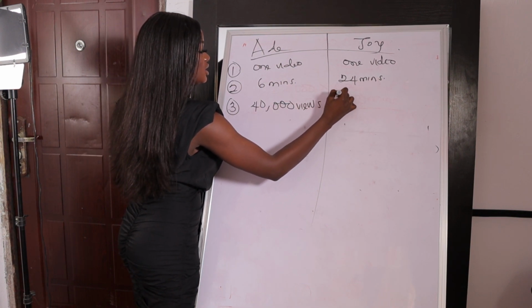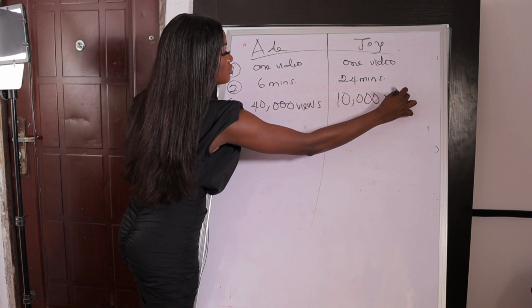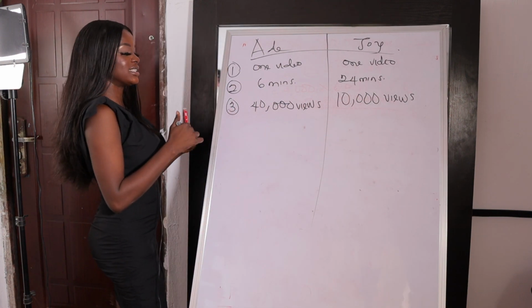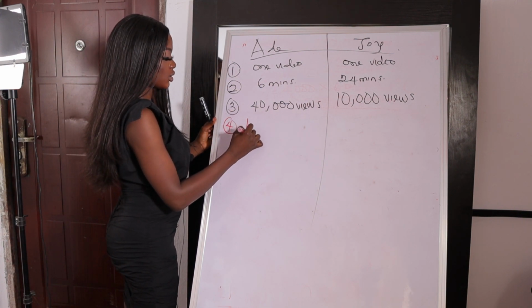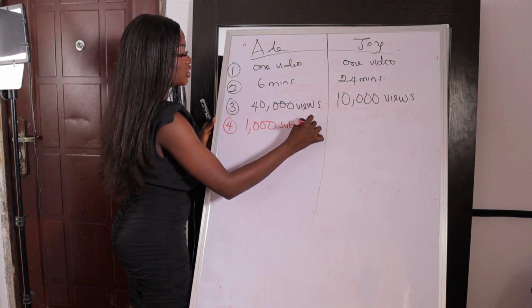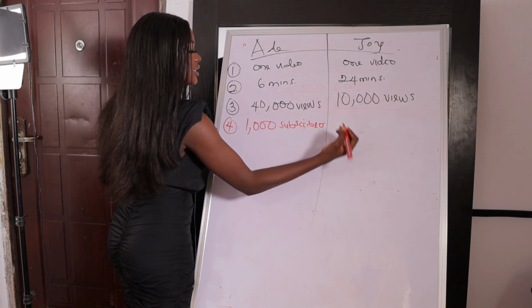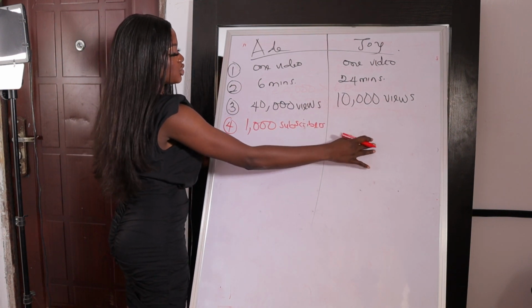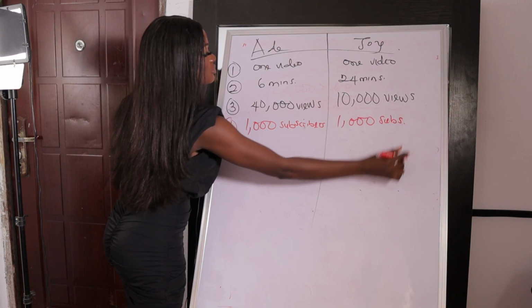Now, Joy will need 10,000 views. So by our estimation, Ade is probably going to have 1,000 subscribers, because if your video is that good, you should have at least 1,000 subscribers from 40,000 views. And let's be on the safer side with Joy as well. She's going to have 1,000 subscribers.